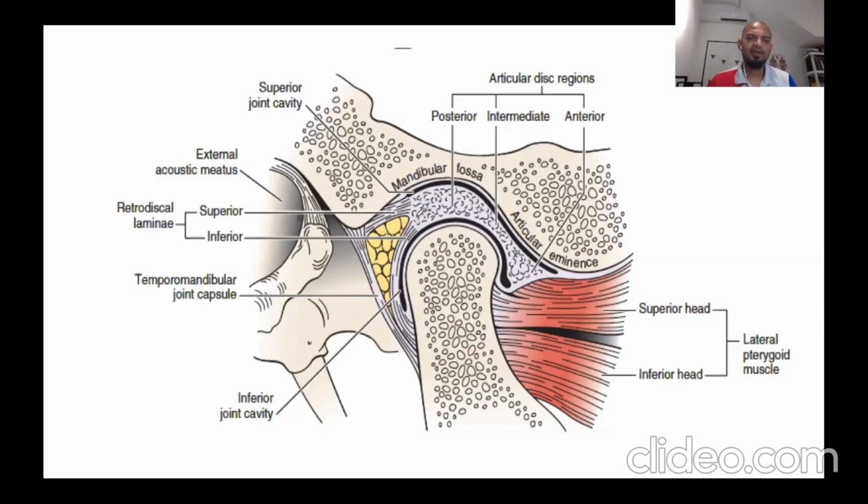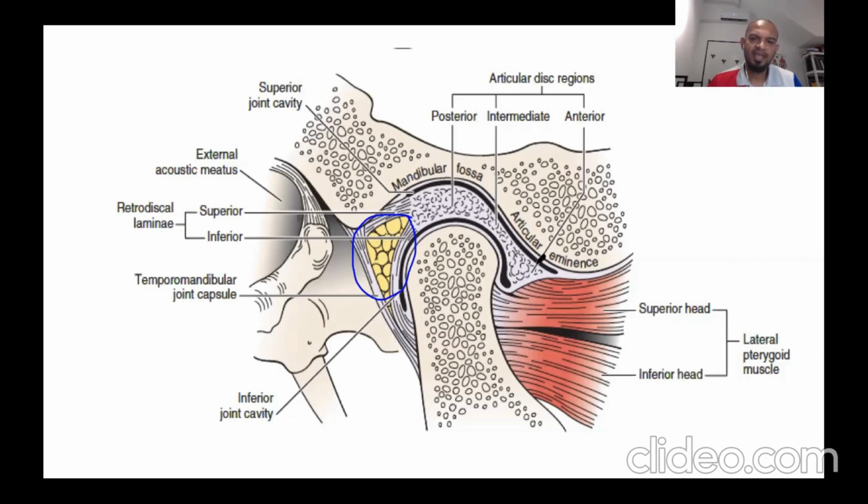Now this area here is highly innervated and highly irrigated. So the vascular structures and the neural structures are in dense proportion in this region.